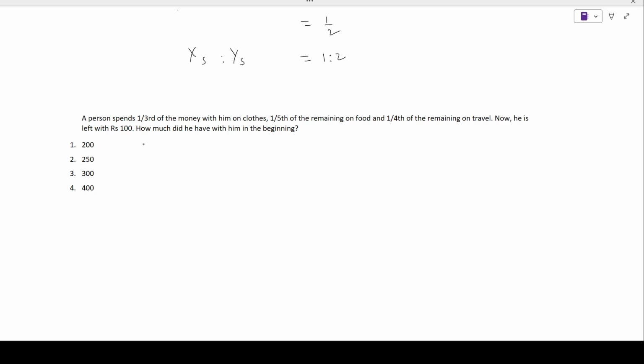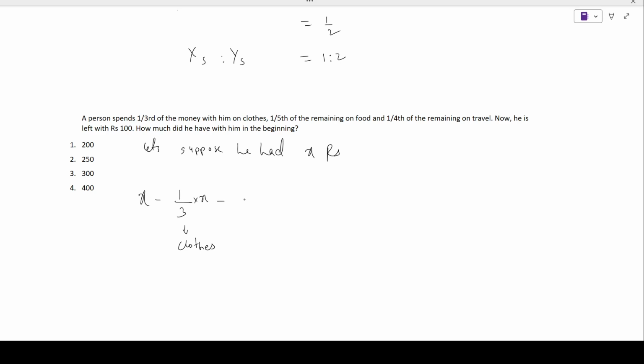Let's suppose he had X rupees. So out of X he spends 1 by 3 X on clothes. Now what is the remaining portion of this?